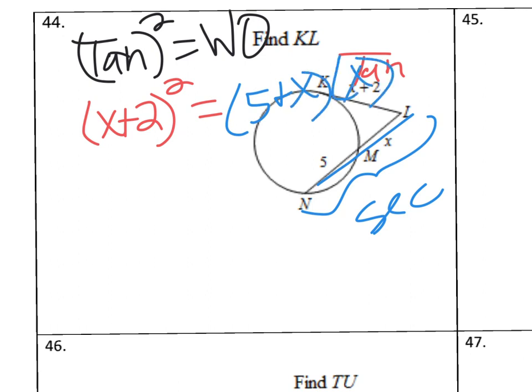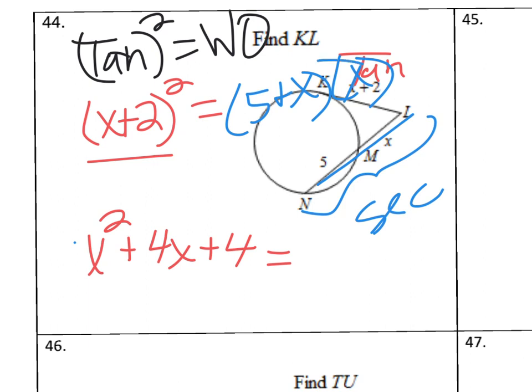Okay, I know that's horrible. You can't see that. So let me just rewrite that. So when I do my binomial, we talked about that. That's going to be x squared plus 4x plus 4. That's going to equal, and then I'm going to distribute this x, so that would be 5x plus x squared.